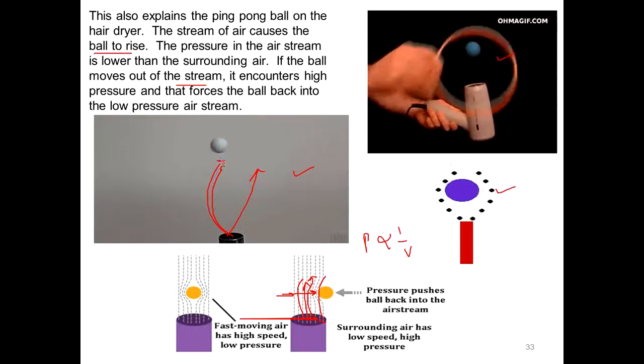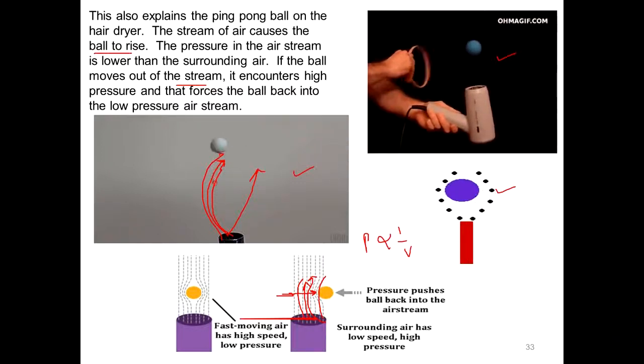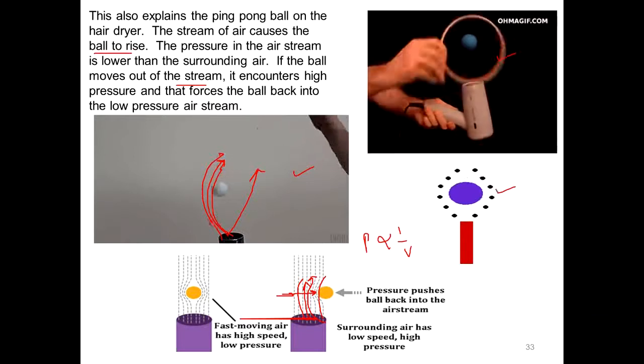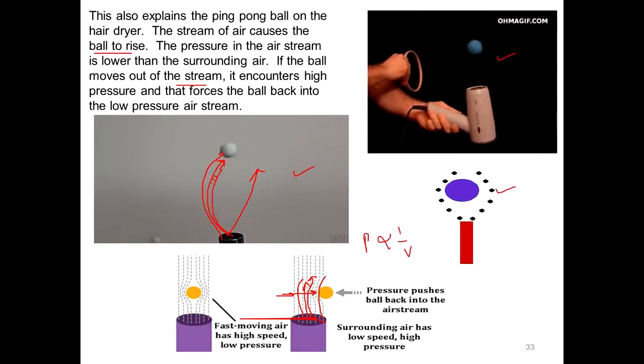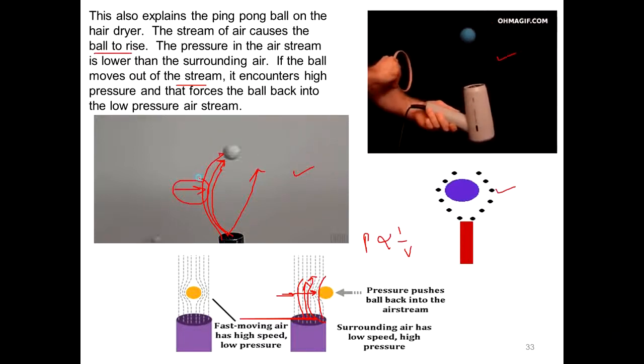These air particles will be moving very fast, and wherever the air particles are moving very fast, there the pressure is low. It is a low pressure region.